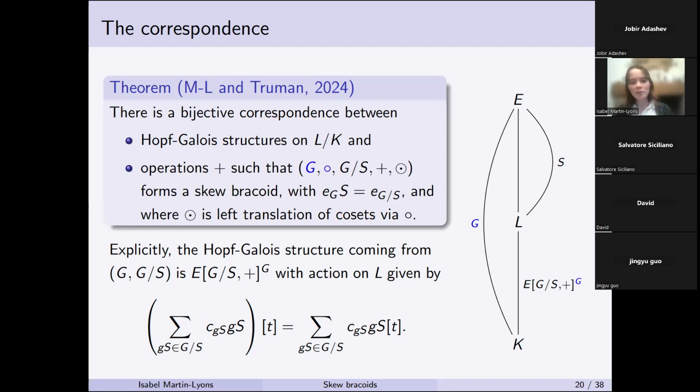Okay, and now just to highlight how things are connected. We have the multiplicative group of the skew bracoid showing up as the Galois group of our larger extension and the thing we fix by in our Hopf-Galois structure.